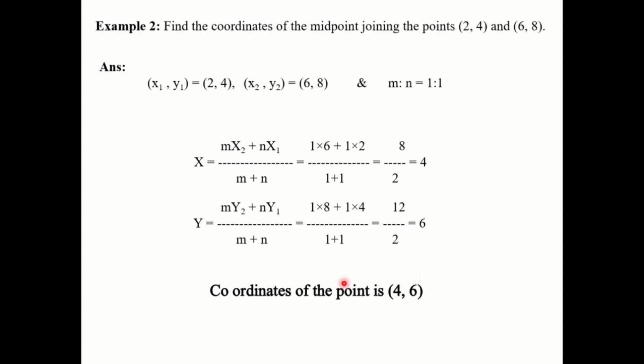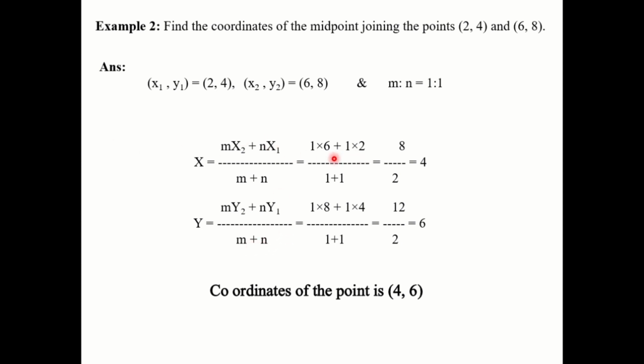Now another problem. Find the coordinates of the midpoint joining the points 2, 4 and 6, 8. See, midpoint means m is to n will be 1:1. Then the x coordinate will be x2 plus x1 divided by m plus n, that is 1 plus 1, and the y coordinate will be y2 plus y1 divided by m plus n, that is 1 plus 1.